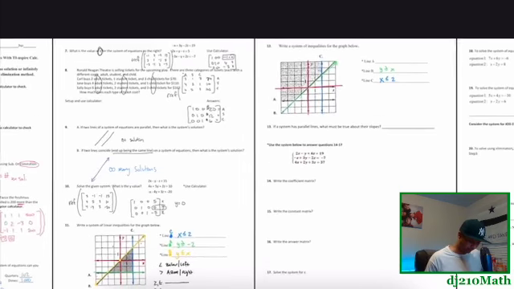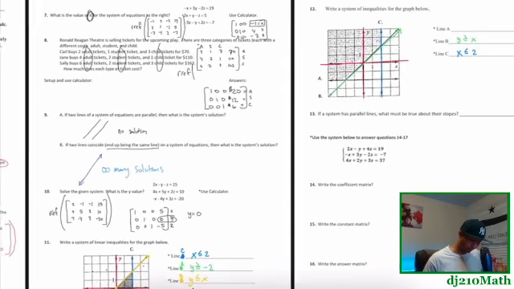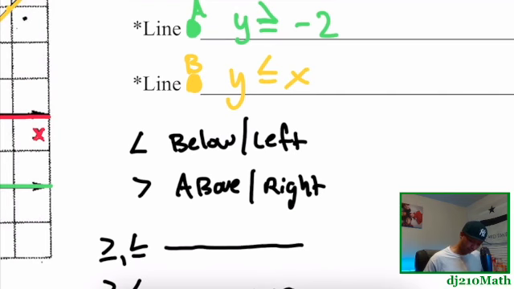What notes did I have down here? So if it's greater, it's above. Okay, so let's fix these notes ever so slightly. So we shade above when it's the y, right? Y greater than something, we shade above. If it's x greater than some number, we shade to the right.